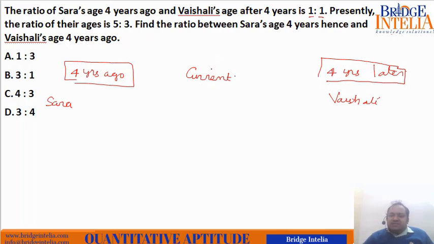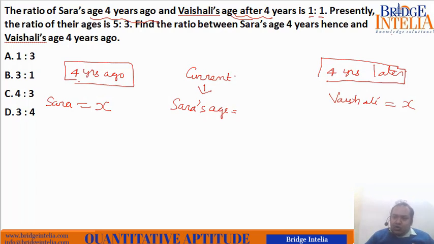So Sarah's age 4 years ago, whatever it was, is the same age that Vaishali will have 4 years later. So this is the scenario: 4 years ago, if Sarah's age was X, then you can assume Vaishali's age 4 years later to be equal to X. So current scenario, Sarah's age, see, this is 4 years ago.